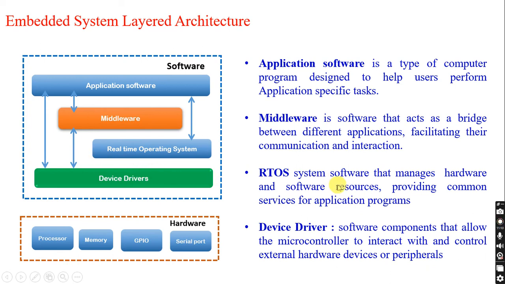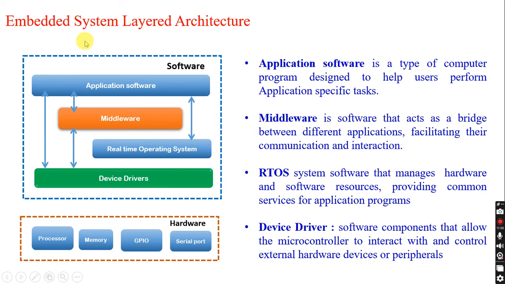And RTOS, as I told you already, is the real-time operating system, which will manage all the hardware and software components. Device drivers are software written to control microcontroller components such as GPIO, serial port, and so on.